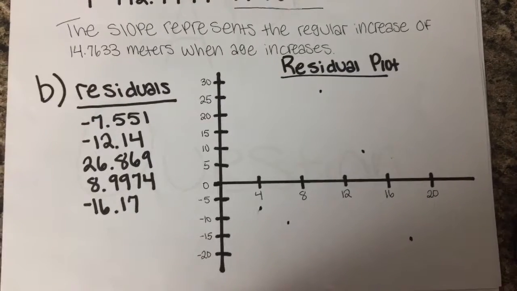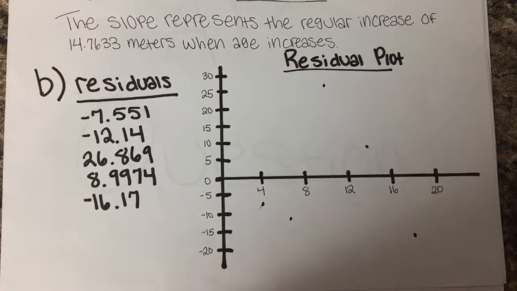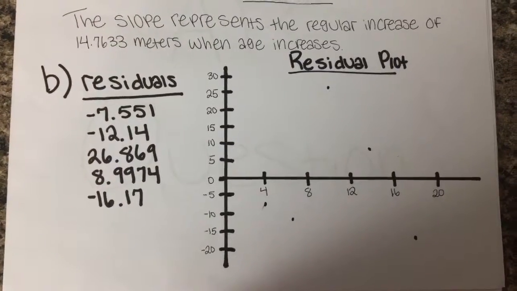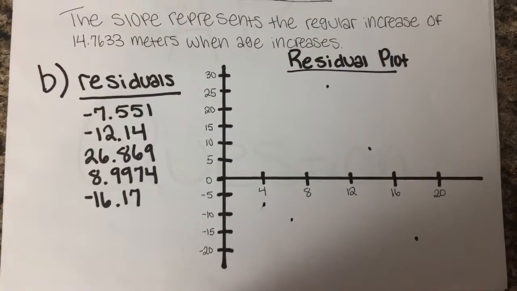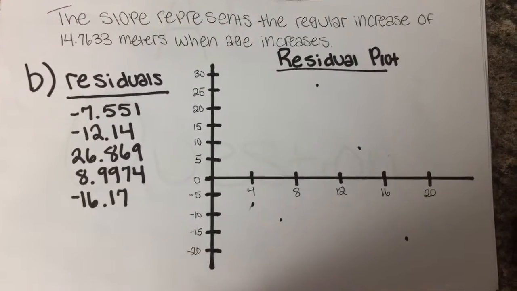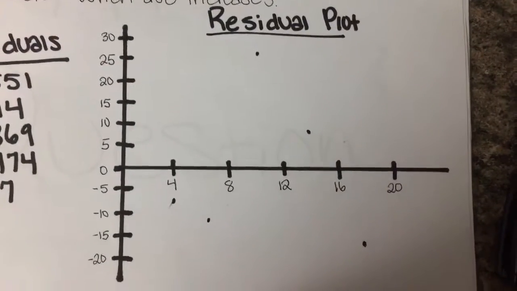And then it gives you these numbers, which would be negative 7.551, negative 12.14, 26.869, 8.9974, and negative 16.17, which gives you this graph right here.